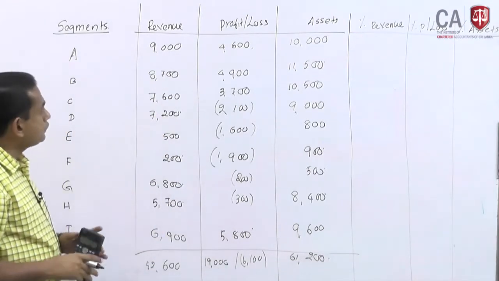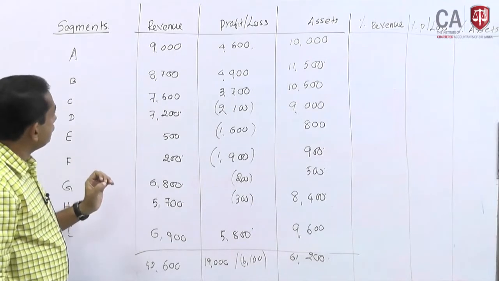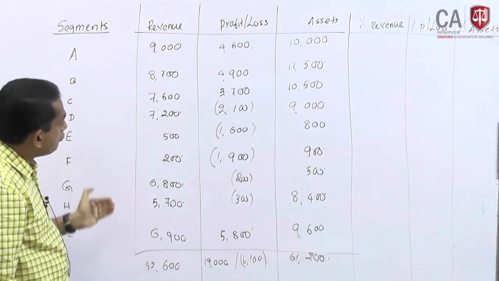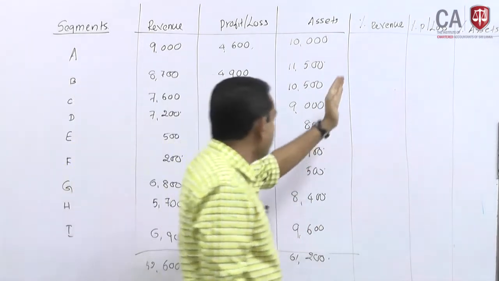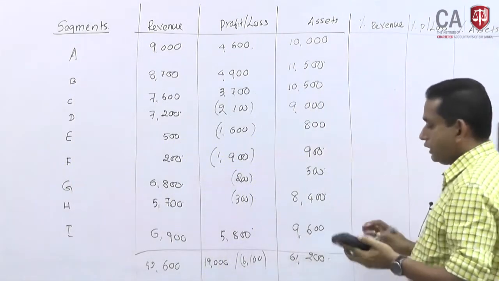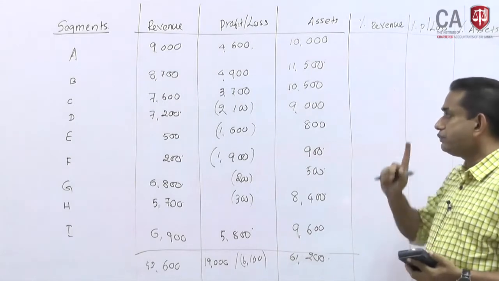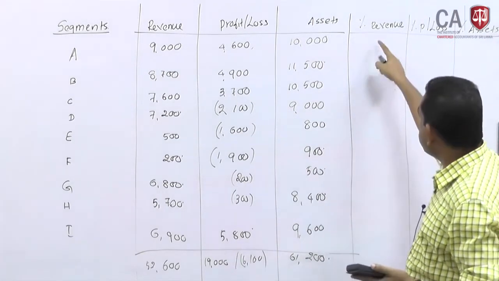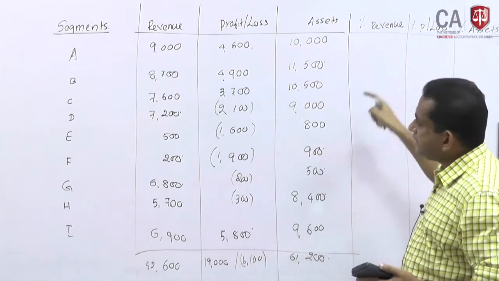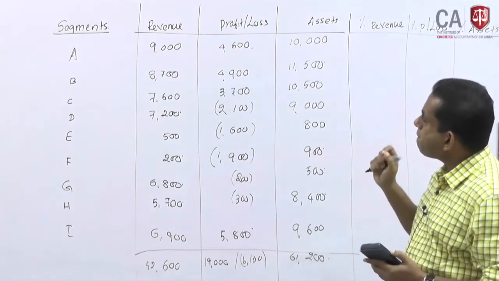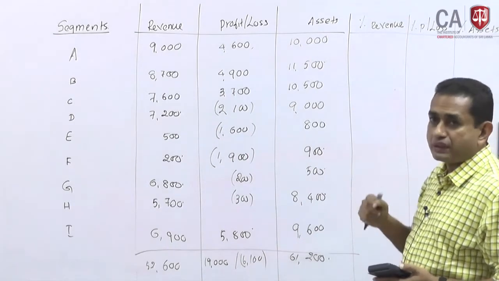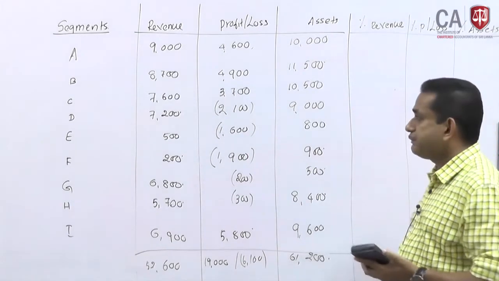Then let me work out the percentages of revenue of each of the segments we have identified to be operating segments, and let me put the percentages here. It is just a matter of dividing the revenue of each segment by the total and putting the percentages here, and let us see what will become reportable segments by applying the first quantitative threshold, that is the 10% revenue threshold.